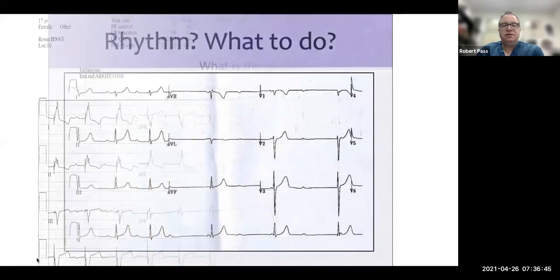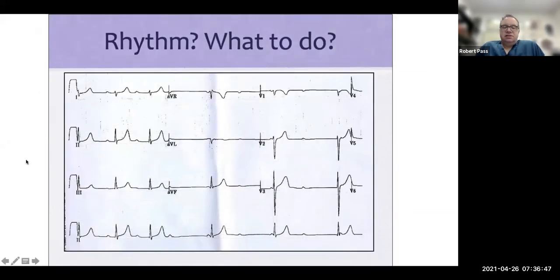Let me just go to the next one. This is an ECG obtained on a patient, and this was obtained the morning after an ablation. Thankfully, not my ablation, but an ablation. So I'm going to ask Dr. Babia what he would do.